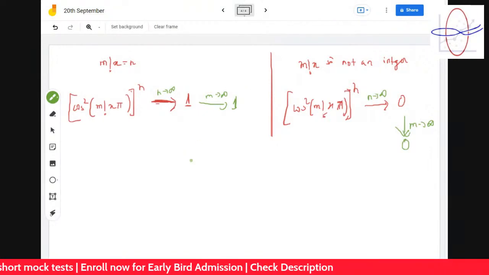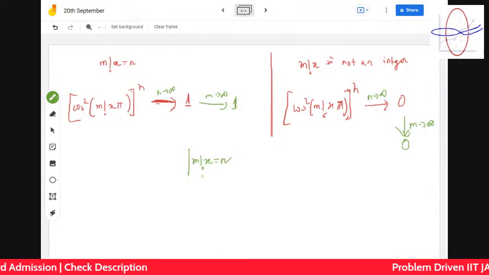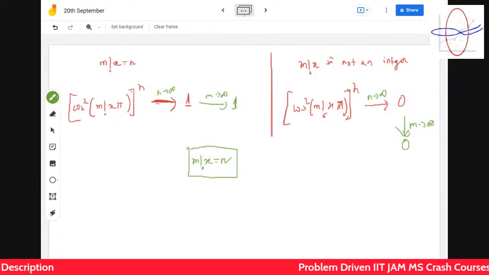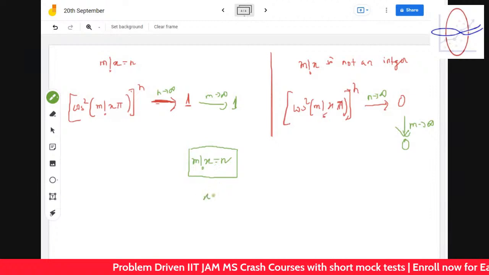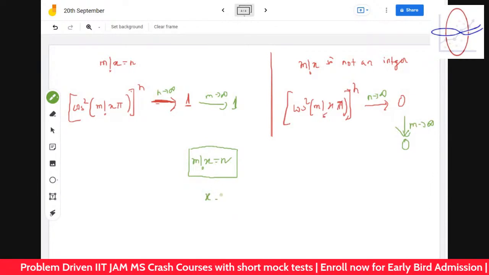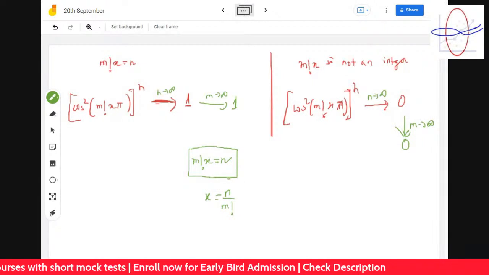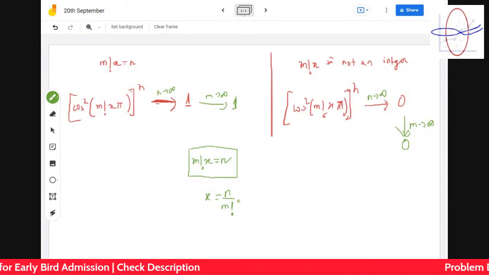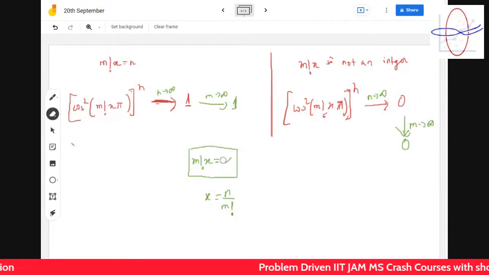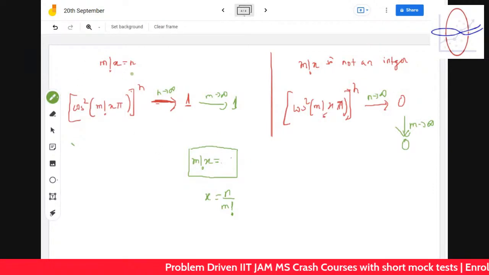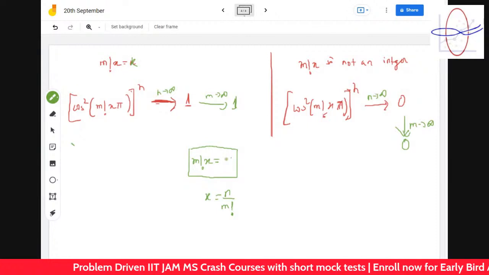So let's see now, when m factorial x is equal to an integer, so x must be equal to n by m factorial, for some n. Let's not call it n, it's a different one over here, let's call it k.